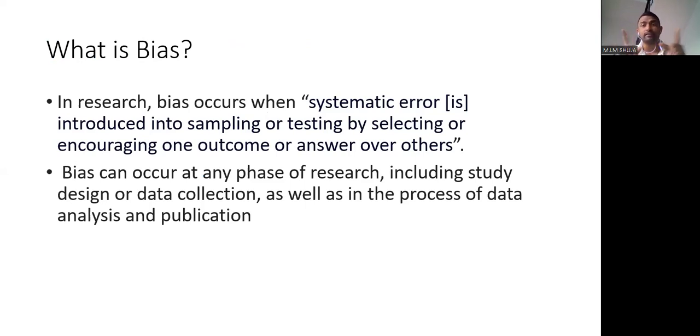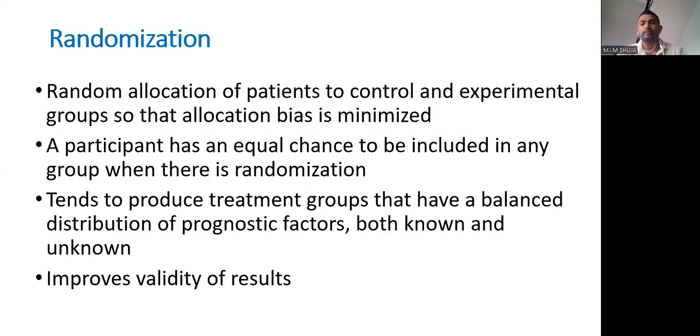That is systematic error. Bias can occur at any phase of research, including study design, data collection, data analysis and publication. So to avoid that, randomization and blinding.